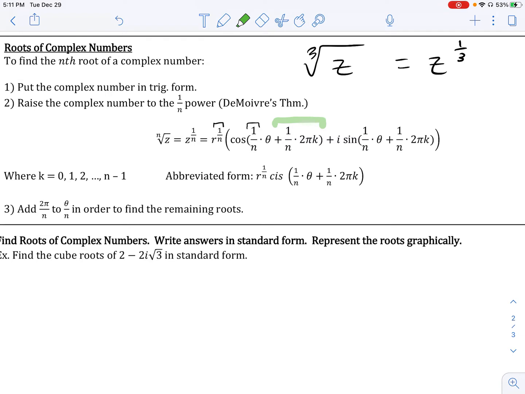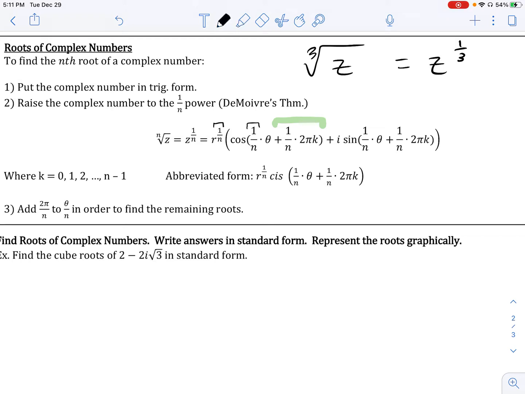But there may be a certain number of distinct roots. So if we're finding the cube root of a complex number, that means there could be up to 3 unique complex roots for that. And this part that I have highlighted in green allows us to move around the unit circle to find the other roots that would satisfy that complex number.